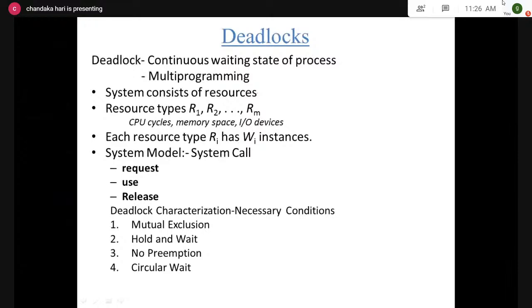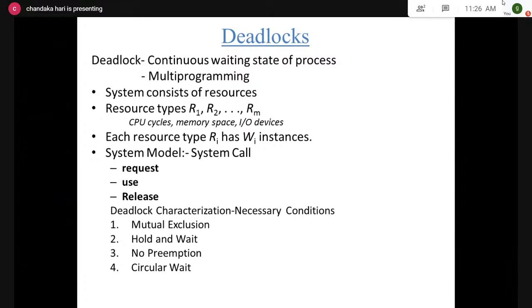We have completed process scheduling and process synchronization. Now the last topic is deadlocks. Before going to the detailed discussion about deadlock, we'll define the various standard definitions for deadlock.